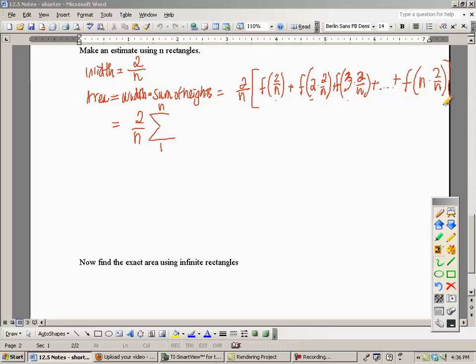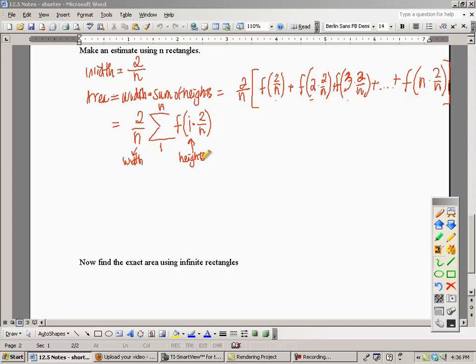Okay? So I have to use a different variable because I'm going from 1 to n. So the way I say this, the sum of f of i times 2 over n, where this is my width, and this is basically adding up all of the heights as increments as I'm putting them in.